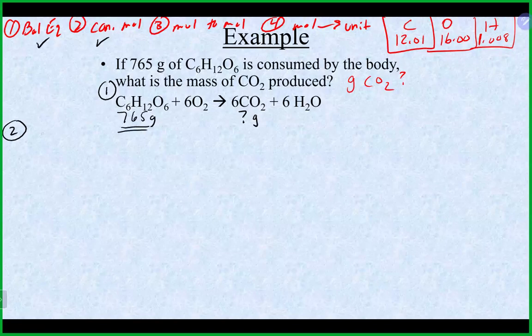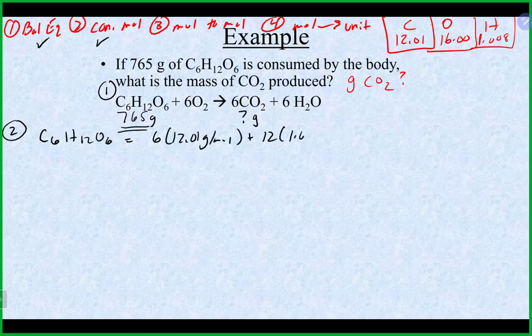So we do need to get the molar mass of C6H12O6. So that is 6 times 12.01 for the carbons, plus 12 times 1.008 for our hydrogens, and 6 times 16 for our oxygens.